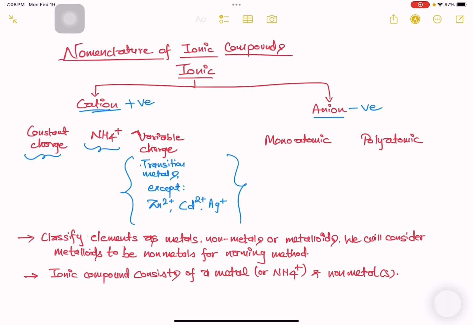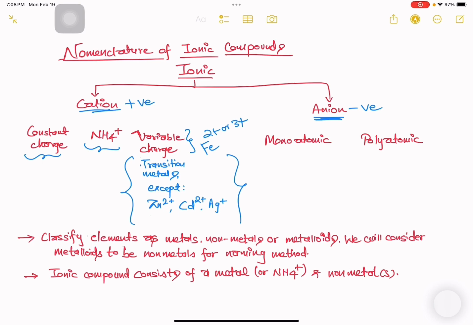It can be ammonium as well, or it can have a variable charge, meaning transition metals have multiple charges, except zinc, cadmium and silver. For example, iron can have a charge of 2+ or 3+. So the cation can be a constant charge, ammonium, or a variable charge.